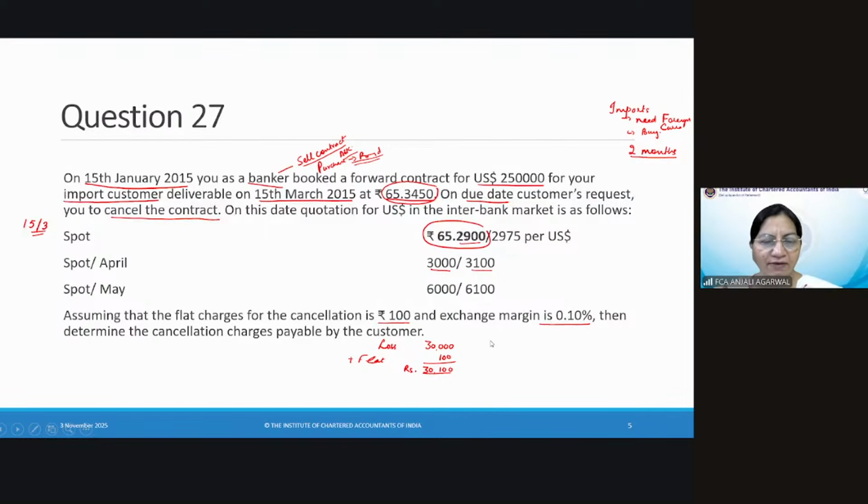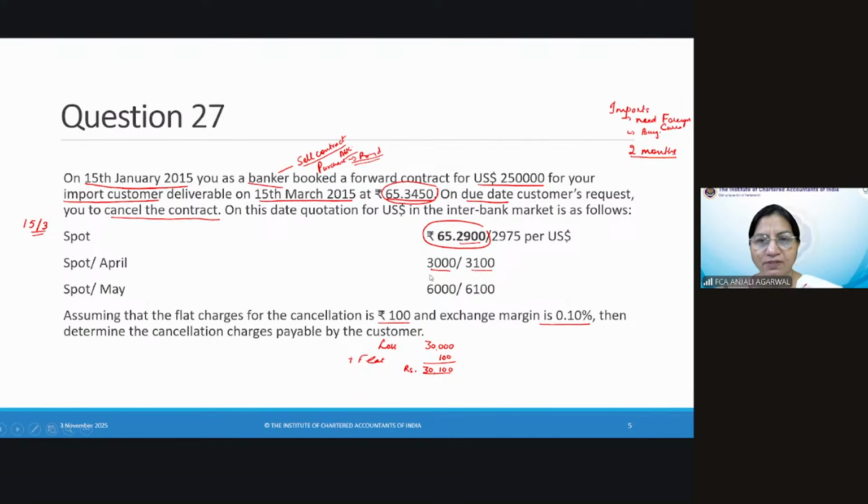An exporter will have a bid rate, an importer will be ask rate applicable. Once again, in bid rate, the margin is deducted so that the exporter will get less amount. Whereas at the time of ask, the exchange margin is added so that the importer has to pay more to the bank. So margins are charged by the bank.